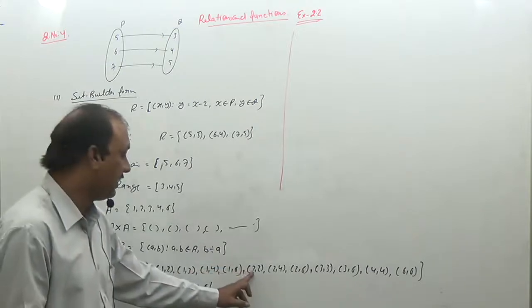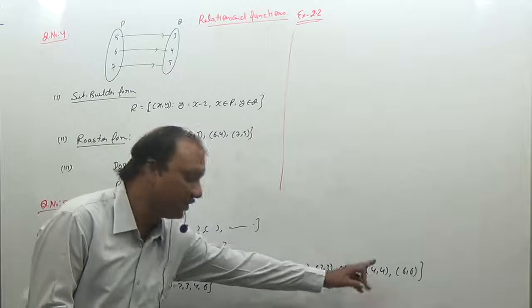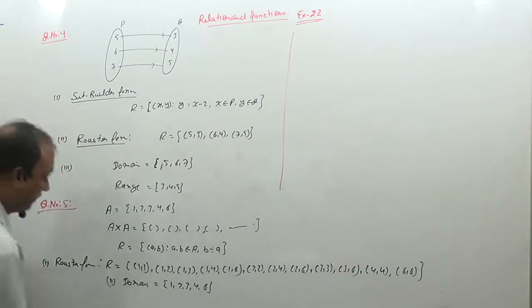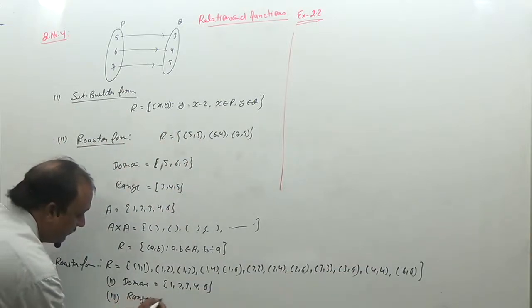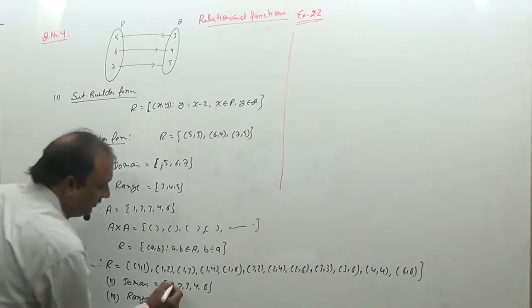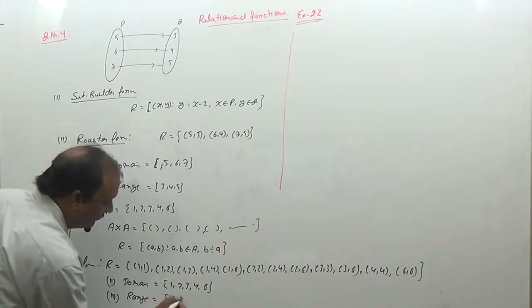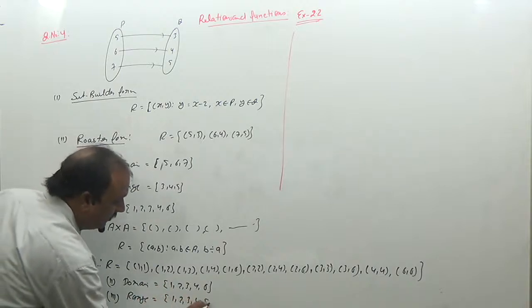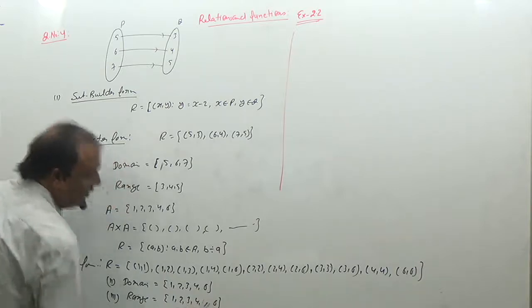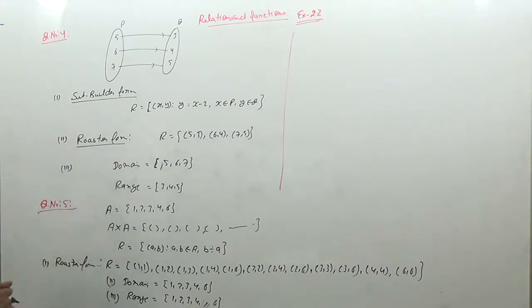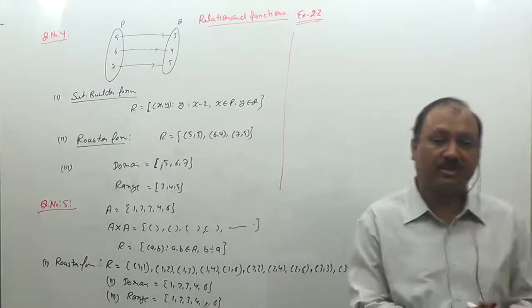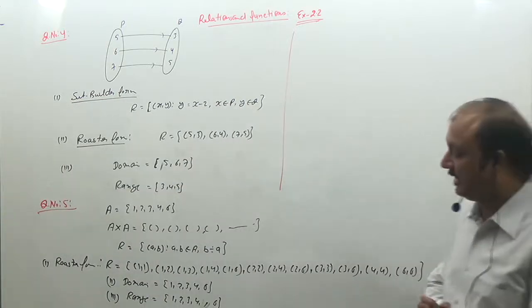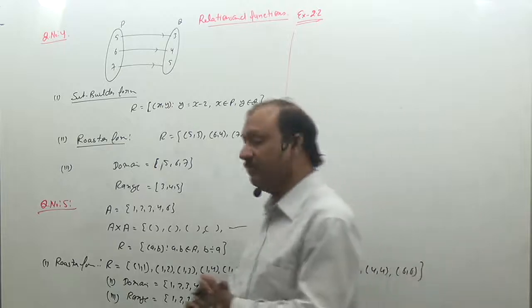And next is the third part, range. Range is 1, 2, 3, 4 and 6. So we can say that the range, domain and codomain are all the same. So all three sets are the same here: the range is the same, the domain is the same, and the codomain will also be the same.